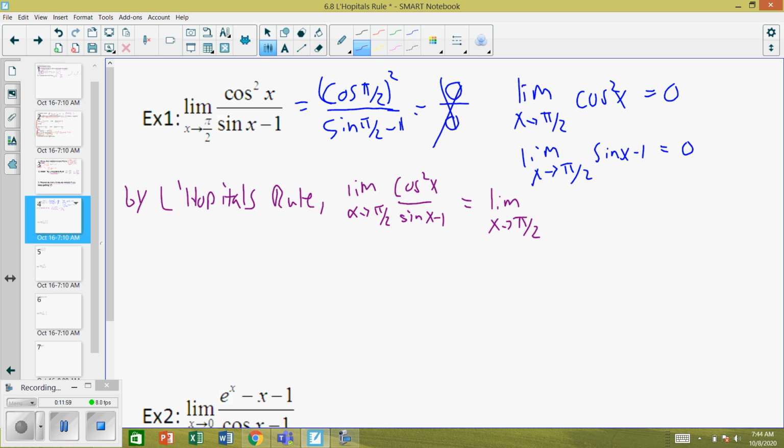The derivative of cosine squared x, it's chain rule there, so that's 2 cosine x times the derivative of the inside, negative sine of x. That's the derivative of the top, divided by the derivative of the bottom: the derivative of sine is cosine of x, minus 0, because the derivative of negative 1 is 0.